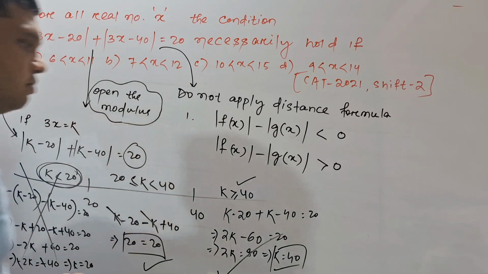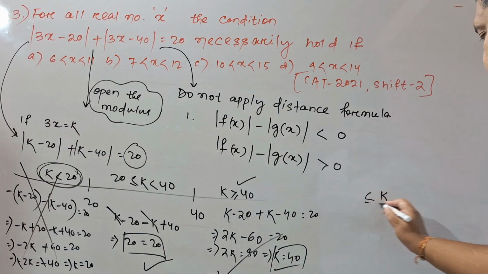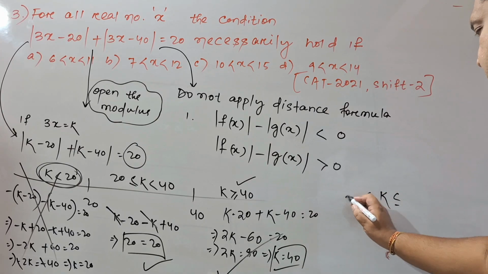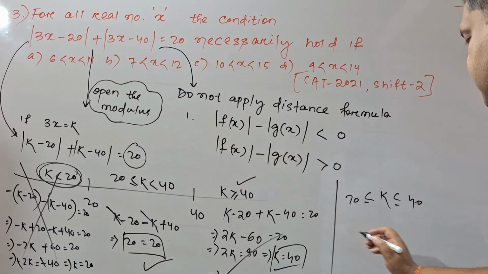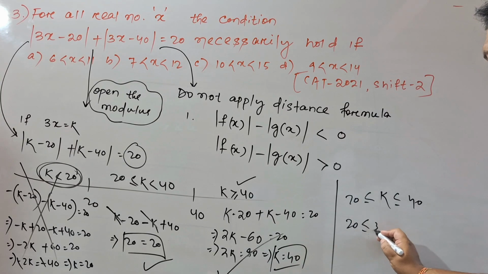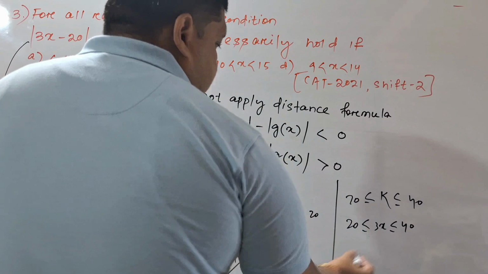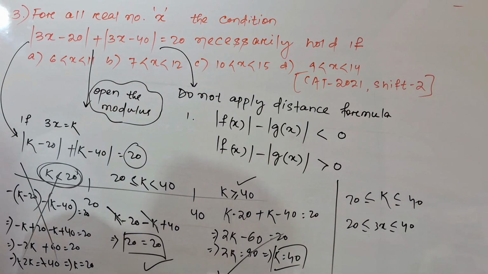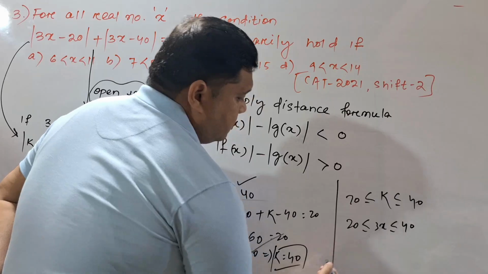Now if I combine these two, this condition is satisfied, this condition is satisfied. So basically k lies within 20 to 40. And what is k? k is 3x. So 3x lies within 20 to 40. If I simplify this one, 20 by 3 is how much?